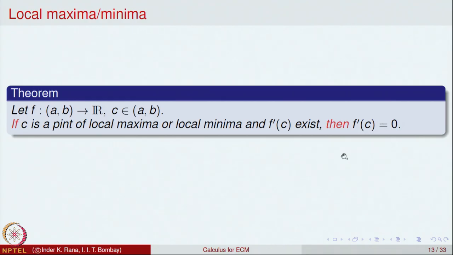That is used in a way that if you want to locate the possible points where the function can have a local maxima or minima, the necessary condition is that the derivative is 0. So, look at all the values where the function has derivative equal to 0, and these are the interior points where the function can possibly have local maxima or minima. So, this gives you the possible candidates. This is how this theorem will be used.